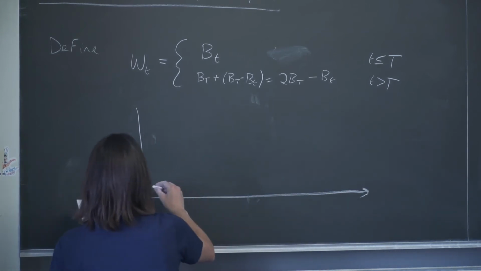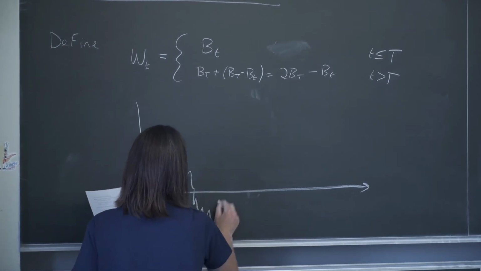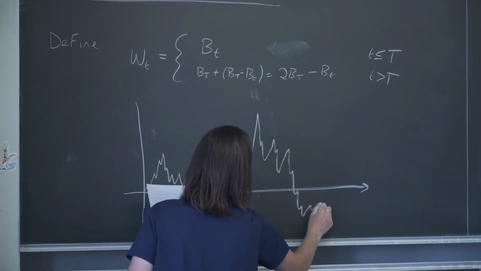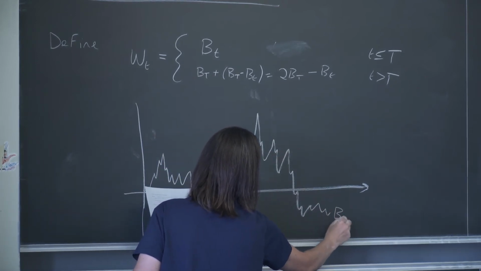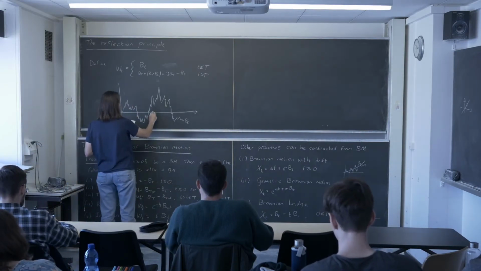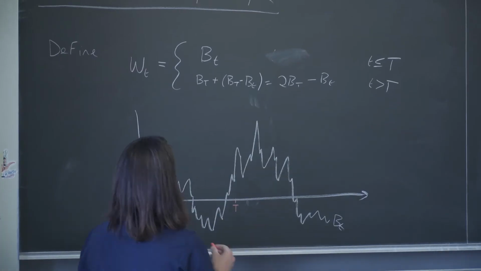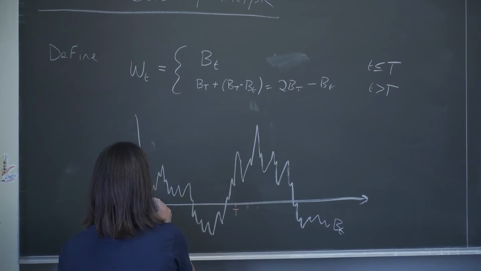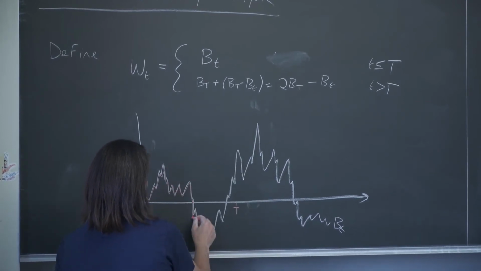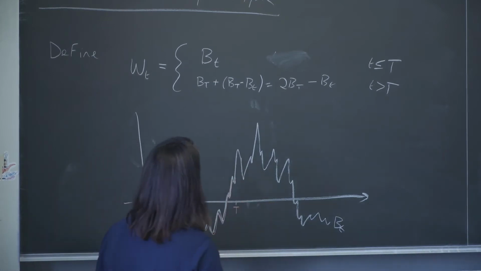Okay, so here's my Bt process. Okay, so that's Bt, and here is my capital T. So what am I doing? What is Wt? Well, Wt agrees with Bt up until this time capital T. And then what happens?